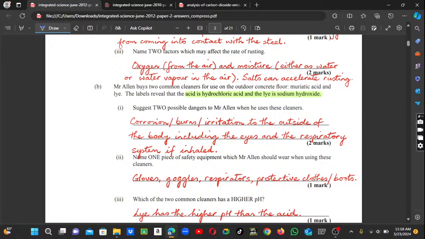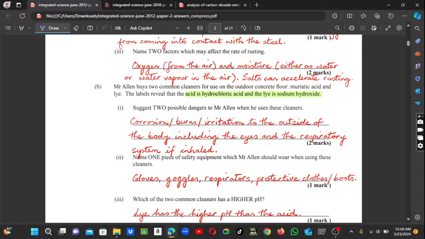All right, good. So the other question says we need to name 1 piece of safety equipment which Mr. Allen should wear when using a cleaner. First things first, guys, when you're using a cleaner, for your safety you'd have to use gloves.